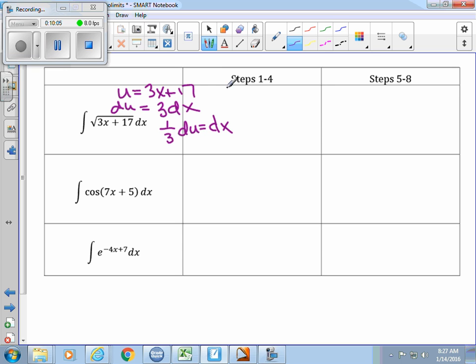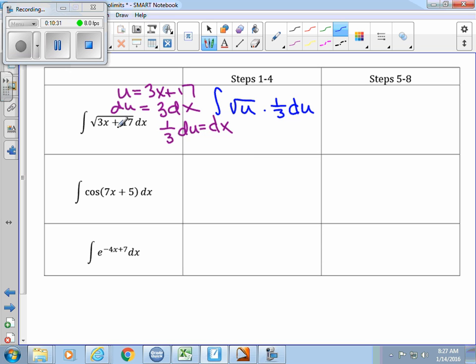Now I'm going to do my substitution. So I get the integral of the square root of u times 1/3 du. Questions?